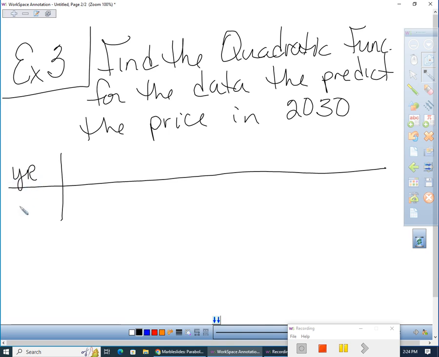All right, so let's start with the year 2010. In 2010, the typical cheeseburger at McDonald's is what, $1.49 maybe?